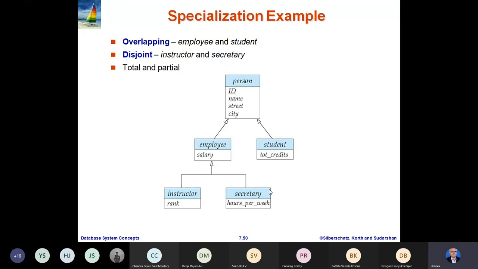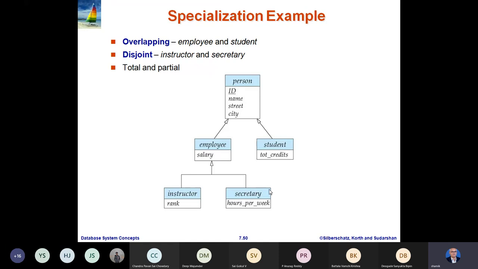And typically what we would expect is that the top level entity set will have the key attribute in it, and only the additional attributes which are not supposed to be part of the key attribute, because the fact that a person should be individually identifiable means the attribute for that person, which is the key attribute, should be able to actually distinguish between multiple instances of some of these specializations, like employee, student, or instructor and secretary.